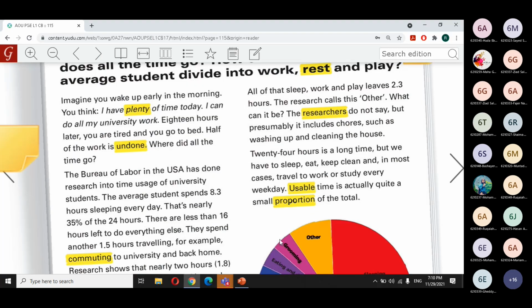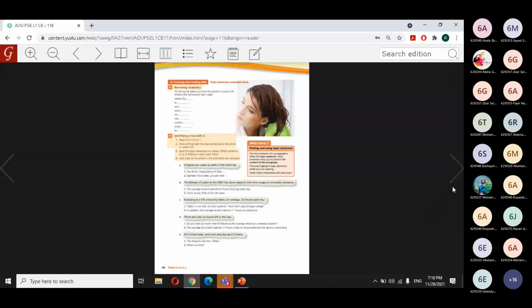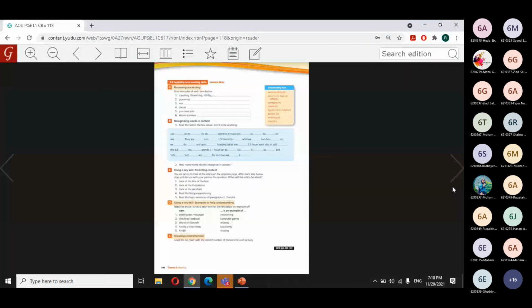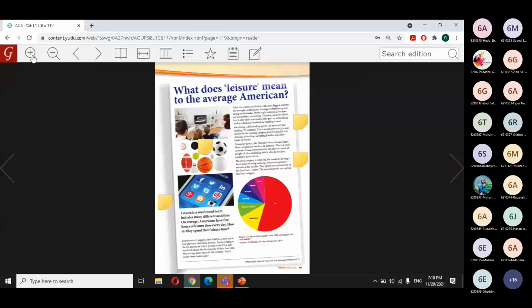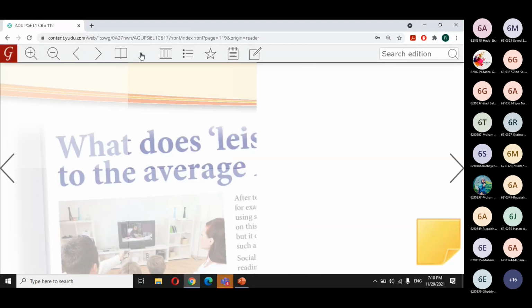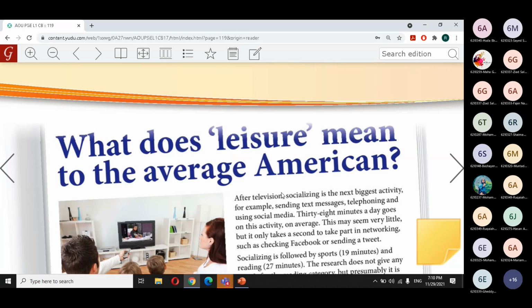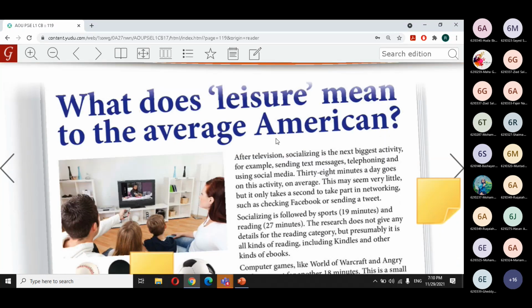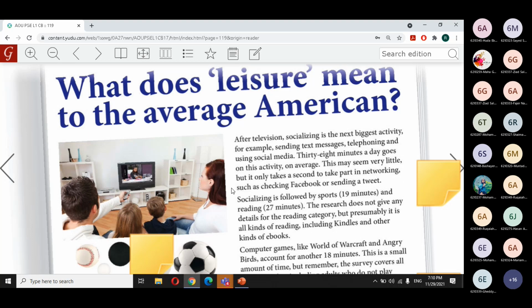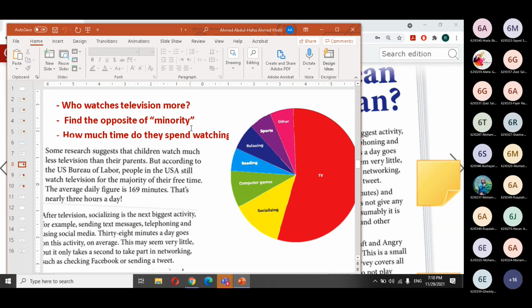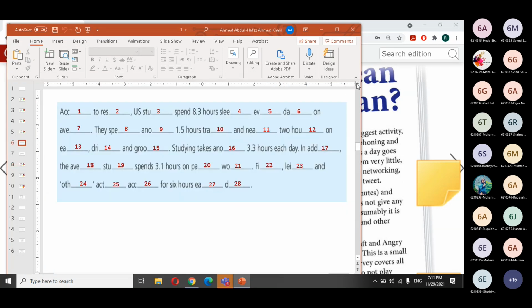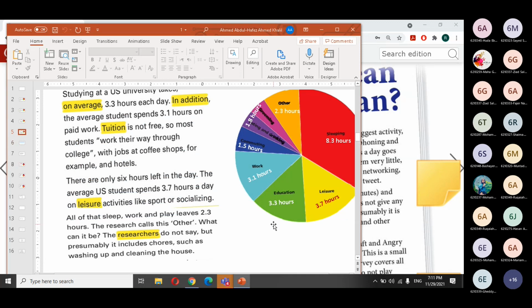Now we have another, the last text in this part. Okay, we said here that they have 3.7 hours leisure.